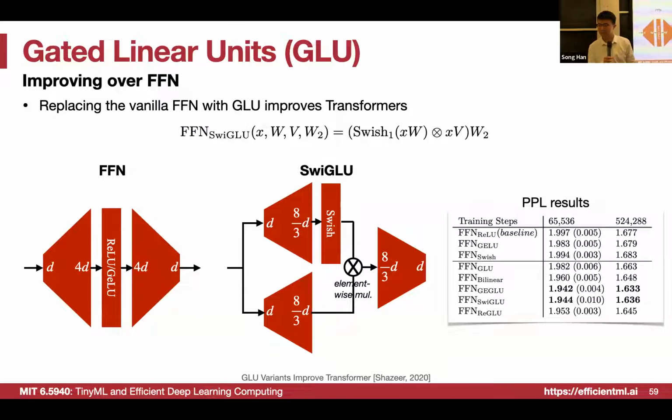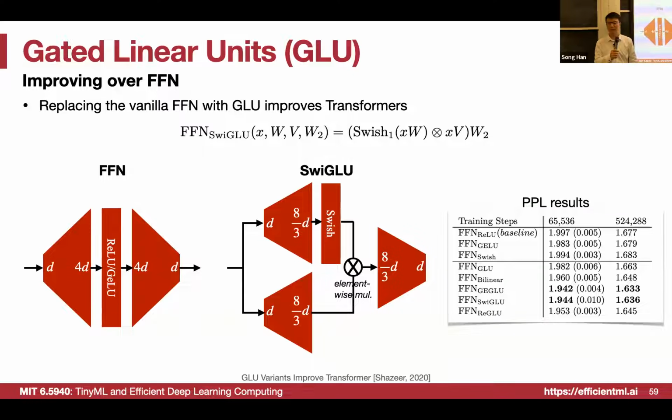And this is showing the perplexity using different architectures, for example, using GLU, gated linear unit, versus not using that. Using the Swish GLU, Swish activation function with gated linear unit, is performing pretty well. And here the GEGLU is also performing quite well. But recently this Swish activation function plus gated linear unit is getting very popular.